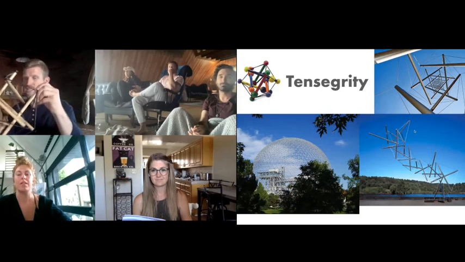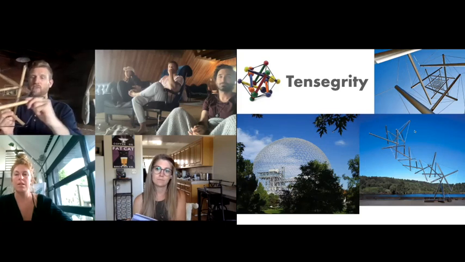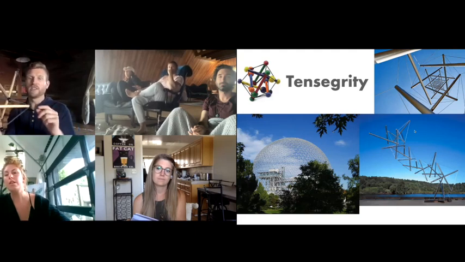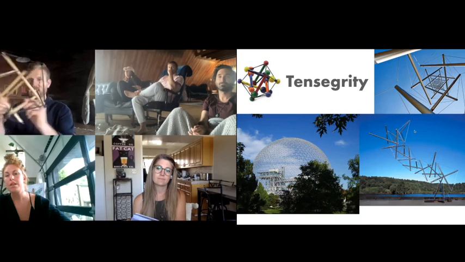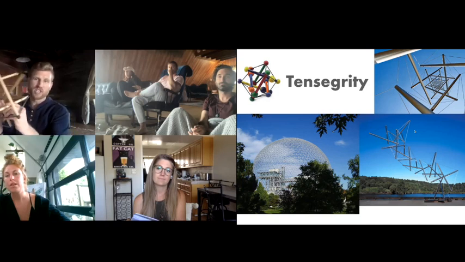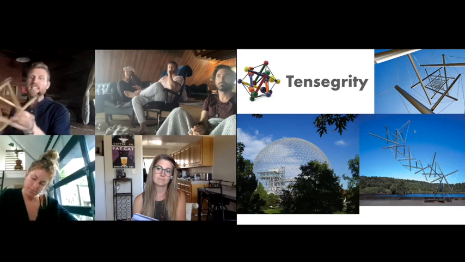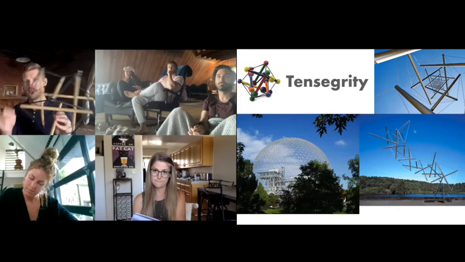What you can see here is none of the struts of this structure, none of these little poles, are touching each other. They're held in a web of tension. The sticks are islands of compression within a sea of tension, the sea of tension being created by the elastic bands here.